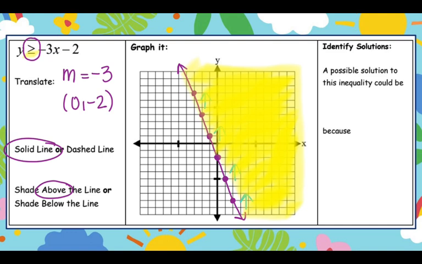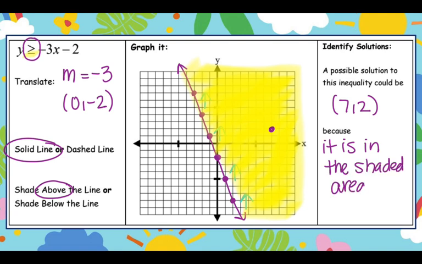A possible solution to this inequality could be, and I can just pick any point that's in my shaded area, that point at 7, 2, because it is in the shaded area. And again, you can pick any point that's in the shaded area or any point on the solid line.